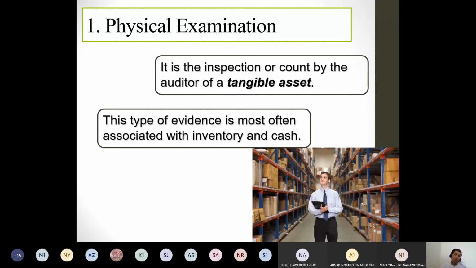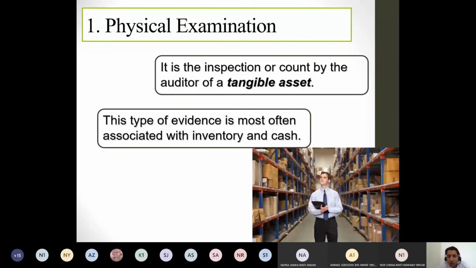But the auditor normally will not go and check those. If they mention having a building, we will prefer to do documentation, to go and check the ownership certificate of the land and so on. But for inventory and cash, the auditor will be involved in physical examination.